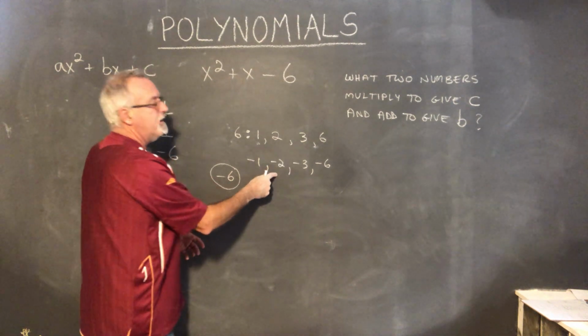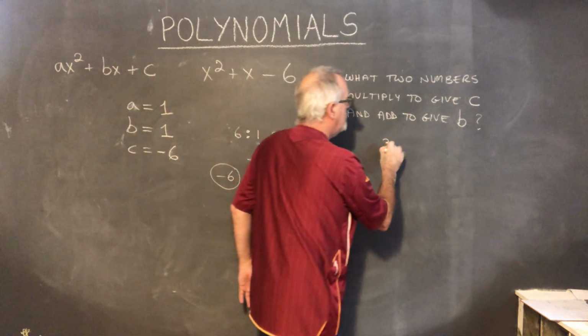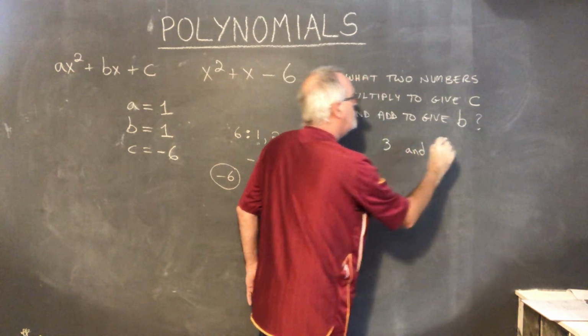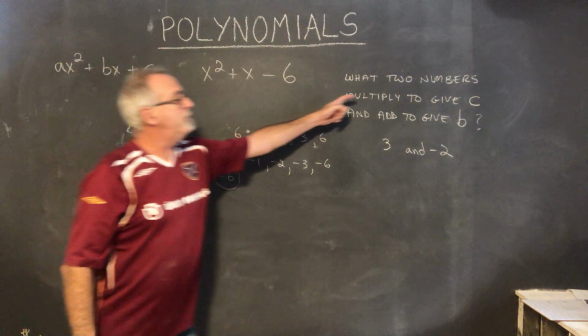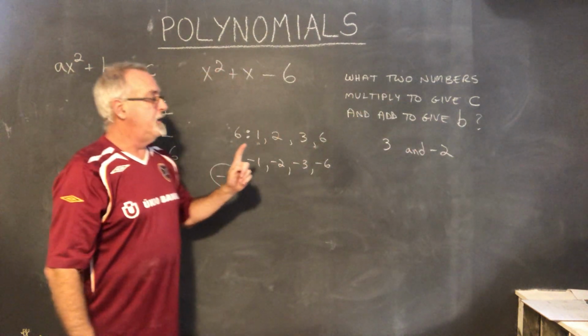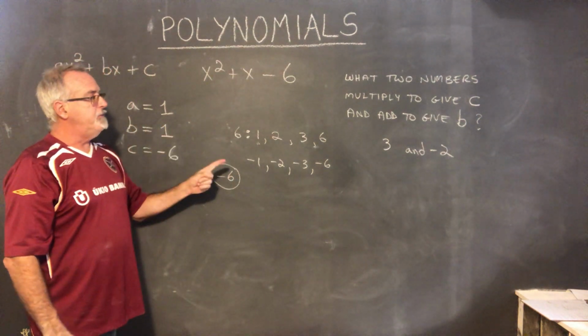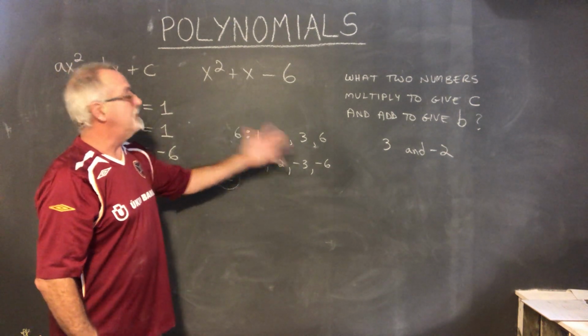How about 3 and -2? So the answer to the question is 3 and -2. The only pair of factors that will work for both parts of the question are 3 and -2. 3 times -2 is -6, that's good. 3 plus -2 is +1, that's also good.